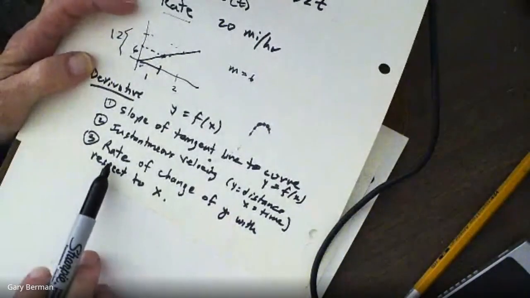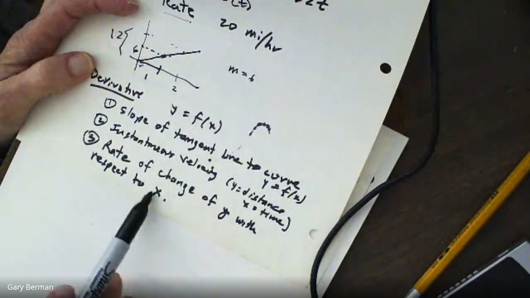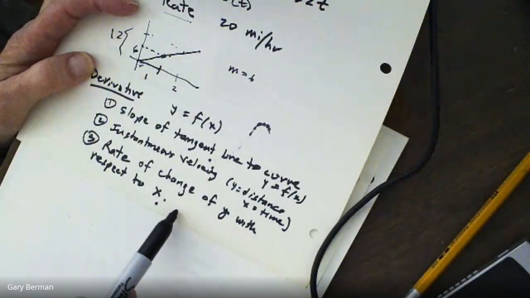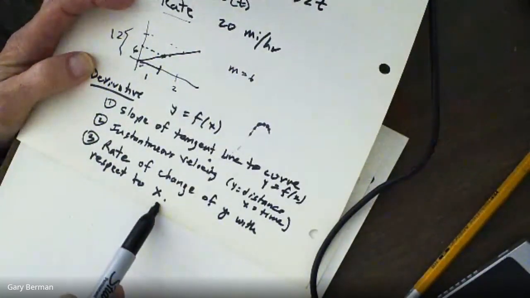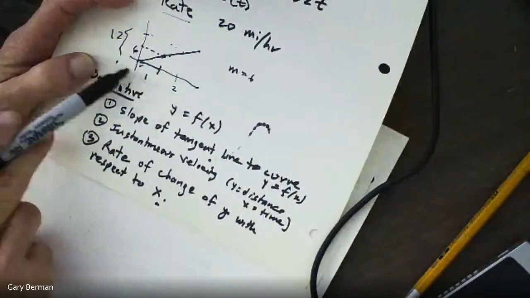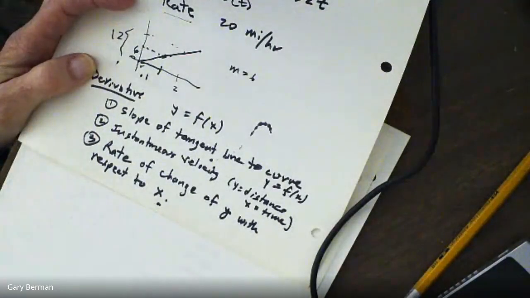And it also is the rate of change of y with respect to x. That's the terminology we use, which means how much does y change as x changes? That's this third illustration here. For every 1 unit change in x, y changes by 6.